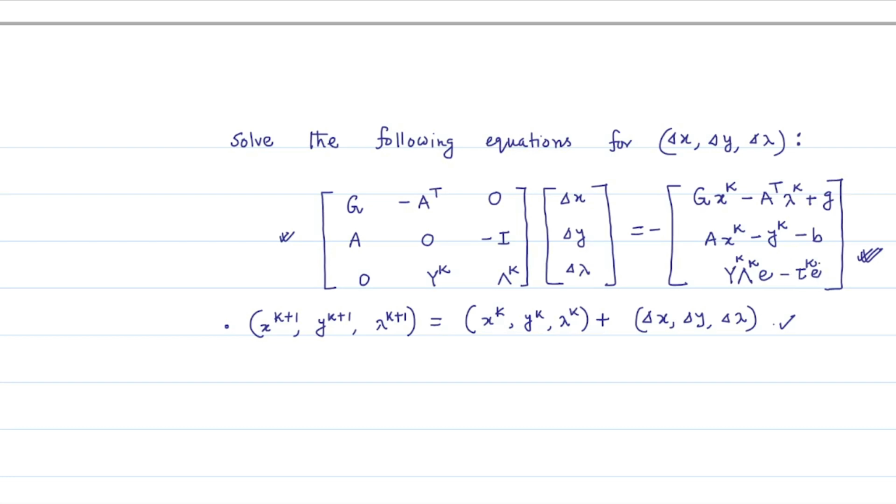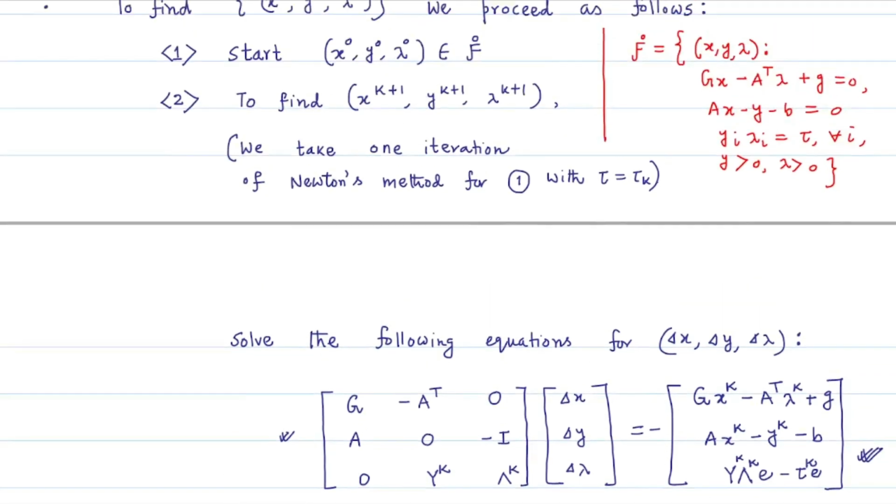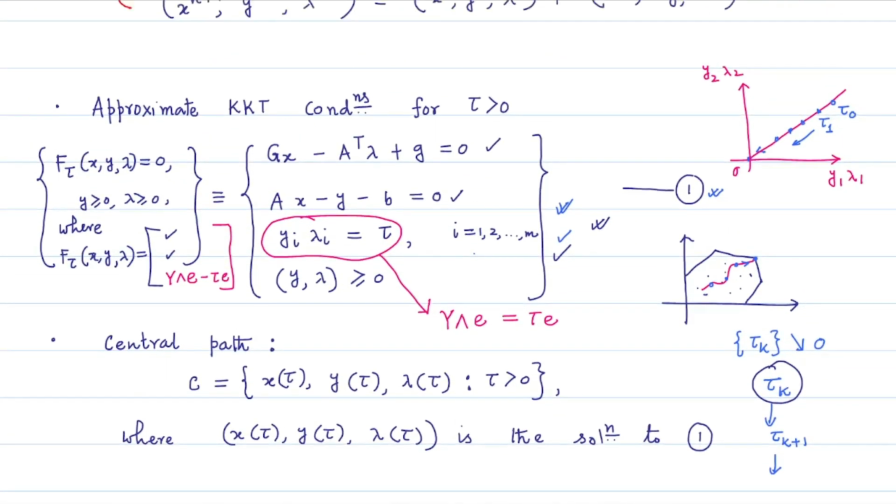We are revising the value of tau at each iteration, and we are not actually crawling around the Newton scheme only for a given value of tau. That is, for a given value of tau, we are not aiming for solving this system, but we are just considering the Newton scheme for this system and solve the Newton scheme for this system only at the point xk, yk, lambda k with the value of tau k to find the next iterative point xk plus 1, yk plus 1, lambda k plus 1.